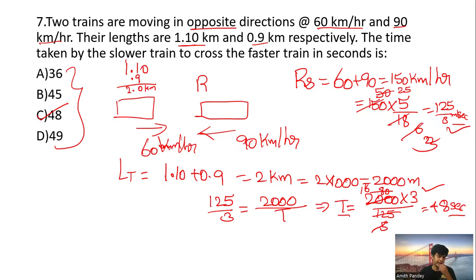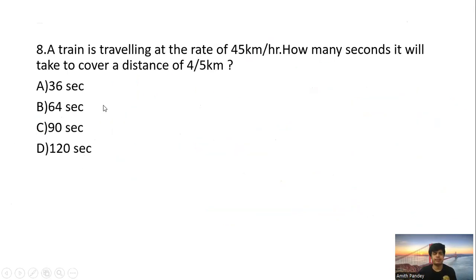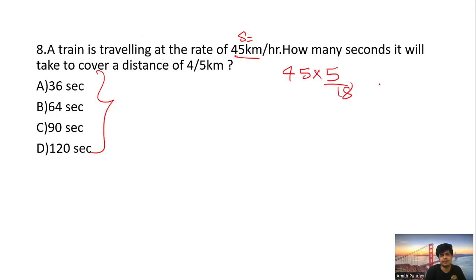Clear? Okay, fine. Now let's see. Take this as your homework problem, please. I'll just provide you a hint, similar to the previous one. See, speed is given. How much? 45. So simply what you'll do is 45 into 5 by 18. Why? Because the options are in seconds. This will be your speed, and a distance is given. Most of the time people get confused. Don't get confused.